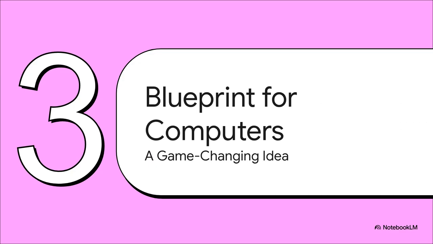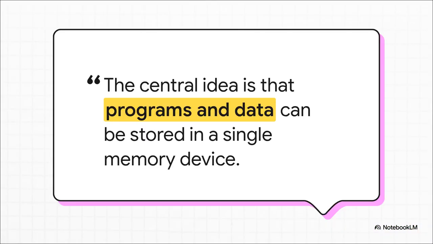Now, ENIAC was an absolute marvel, but it had one giant flaw. If you wanted to change its program, you had to physically get in there and rewire it. So the next big breakthrough wasn't about hardware at all. It was a single, beautiful idea that now defines every single computer we use. And this is where the genius of John von Neumann steps in.